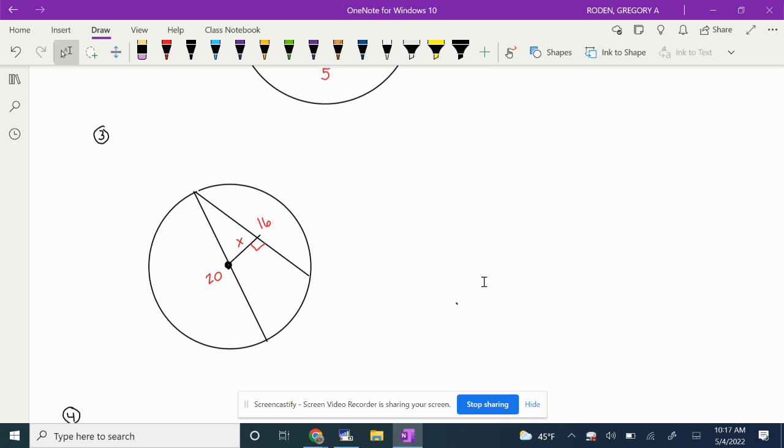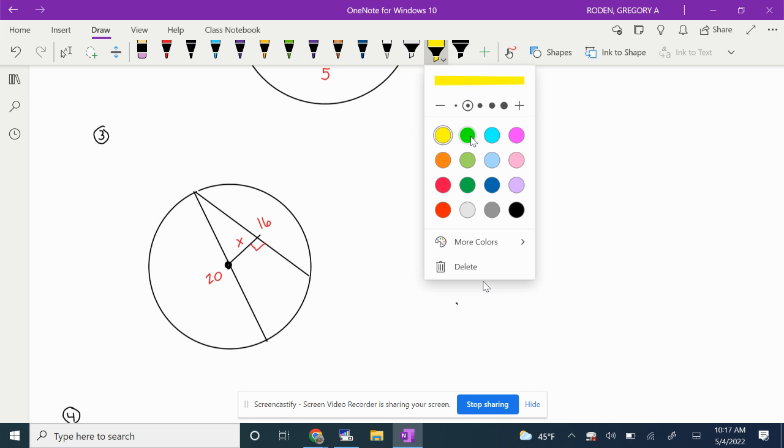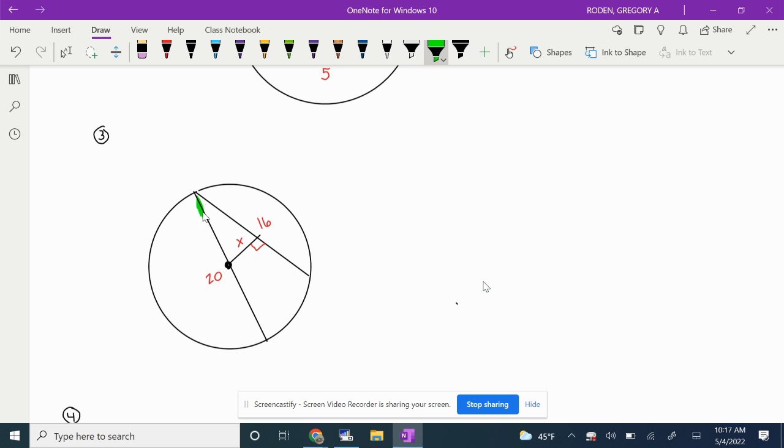Okay, so anyone think they can kind of give us an idea of how we could figure out x right here? So it's a right angle, right? So first of all, let's figure this out right here. So how long is this chunk from here to here?